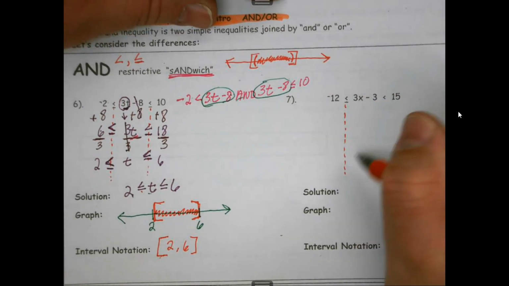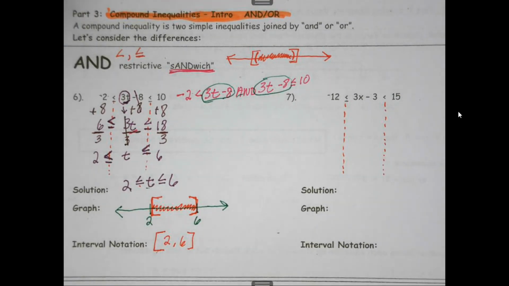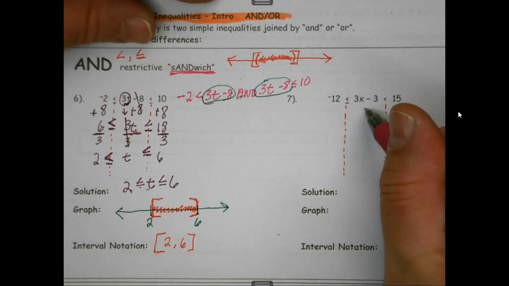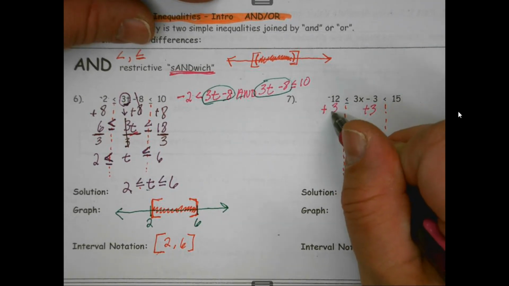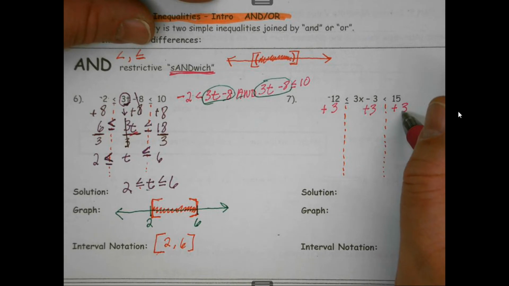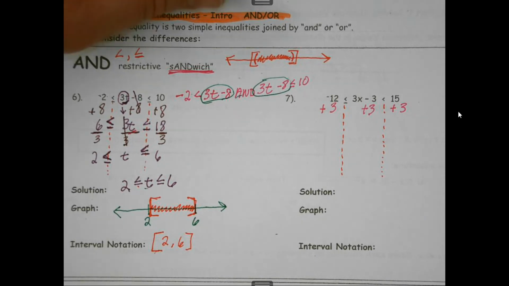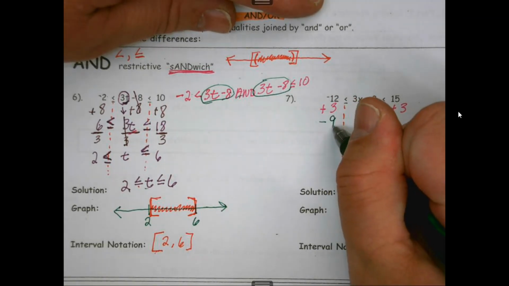So I'm going to add 3 to this side, add 3 to this side, and add 3 to this side, because there are two inequality statements there. That gives me negative 12 plus 3 is negative 9. I'm adding, so I keep all the signs the same. 3x, and 15 plus 3 is 18.